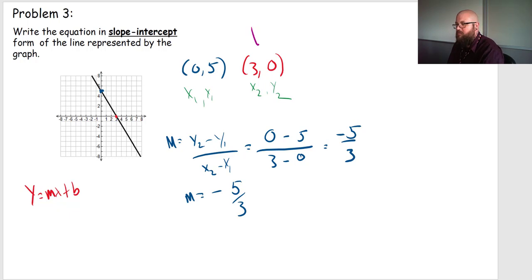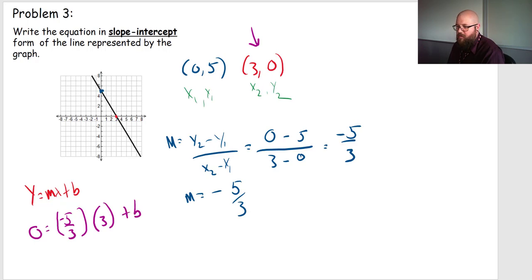Let's use this point. So y is 0, and we have our slope, negative 5 over 3, times our x value of 3, plus b.